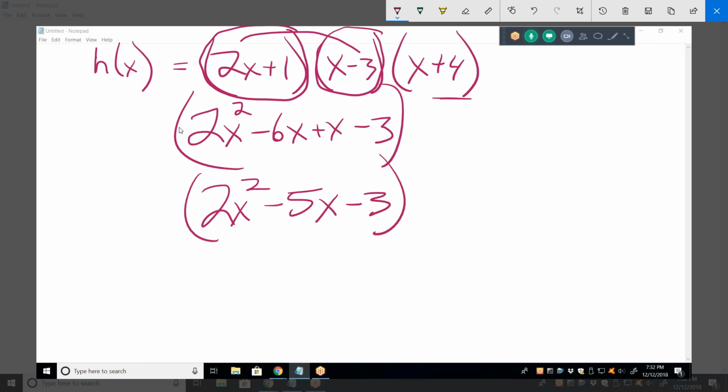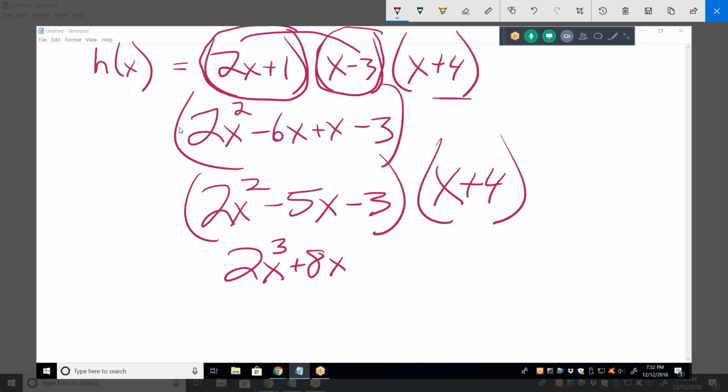And now that's what you're going to multiply times x plus 4. Okay. So then that would be 2x cubed plus 8x squared minus 5x squared minus 3x. Oops. Forgot to finish that one.